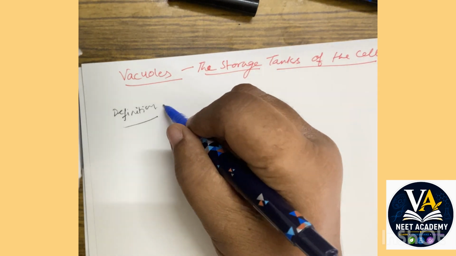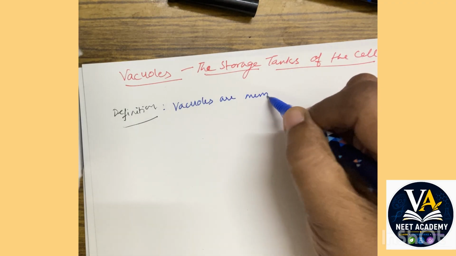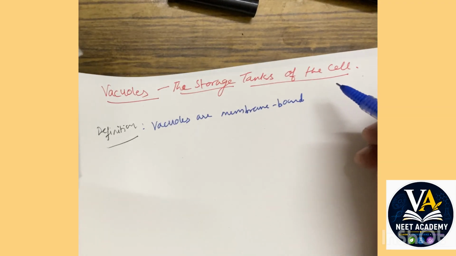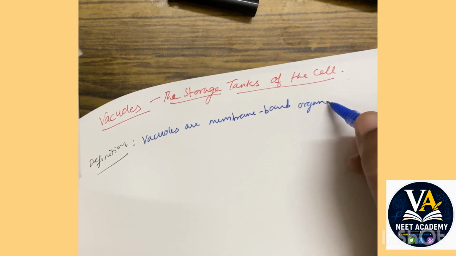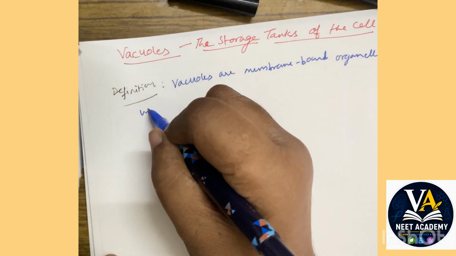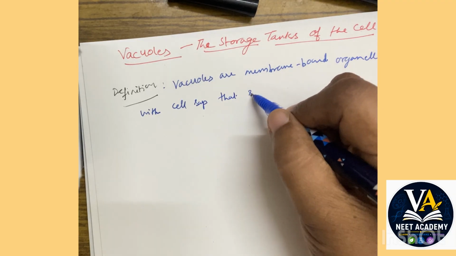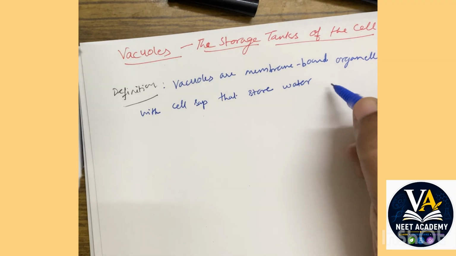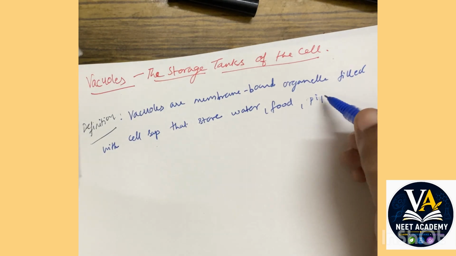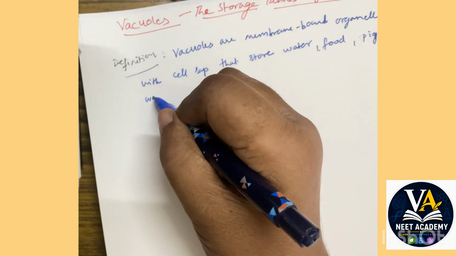These vacuoles are membrane bound organelles filled with cell sap that store water, food, pigments, and waste material.